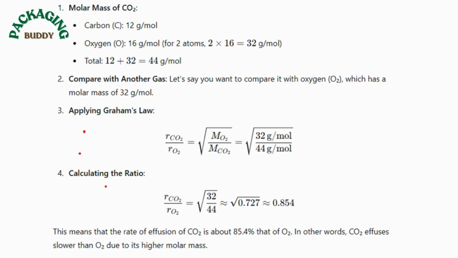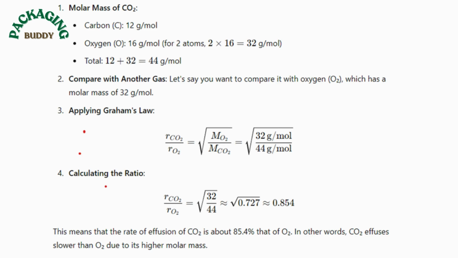R1 and R2 are the rates of effusion or diffusion of gases 1 and 2 respectively at either side of a film, and M1 and M2 are the molar masses of gases 1 and 2 respectively at the same film. Graham's law assumes ideal gas behavior, where the gases behave ideally and are at the same temperature and pressure.